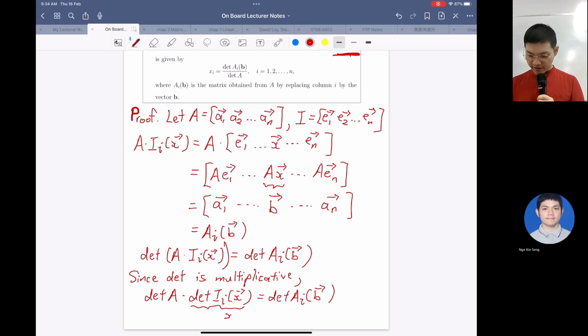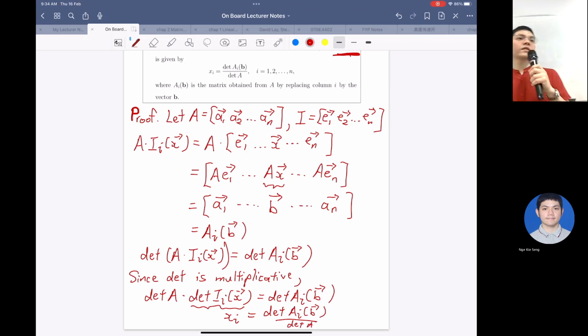So this part is x_i, and I divide both sides by the determinant of A, and I will find my x_i.